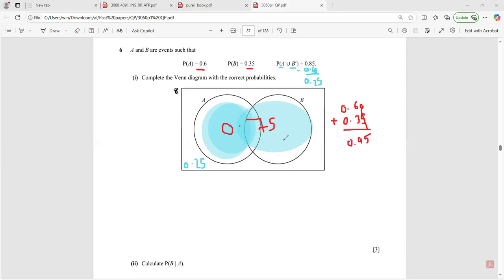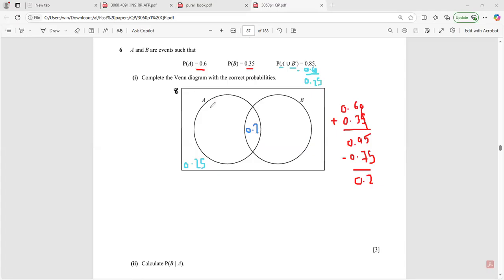And actually here we have 0.75, so the common part will be the union here. So it will be 0.95 minus 0.75, which gives 0.2. So the intersection here will be equal to 0.2.